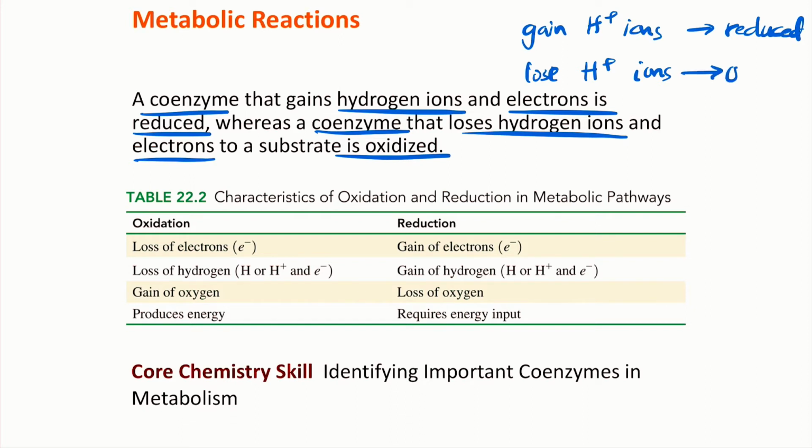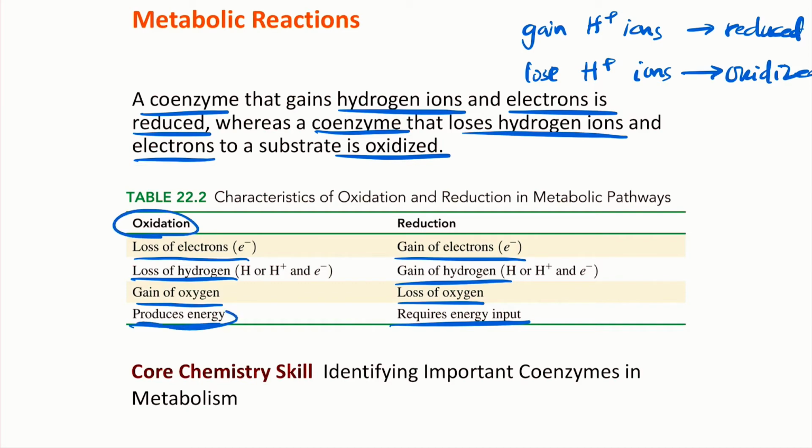If you lose hydrogen ions, you are oxidized. Oxidation involves either loss of electrons, loss of hydrogen, gain of oxygen, or producing energy. Reduction involves gain of electrons, gain of hydrogen, loss of oxygen, and requires energy input. So remember that oxidation reactions are the ones that produce energy. Reduction reactions are the ones that require energy input.